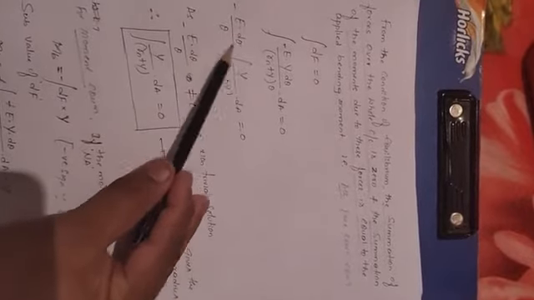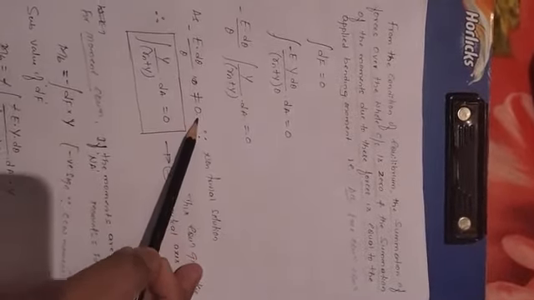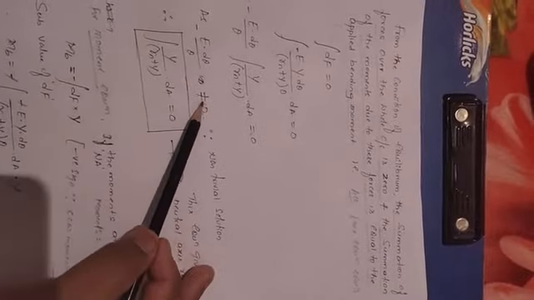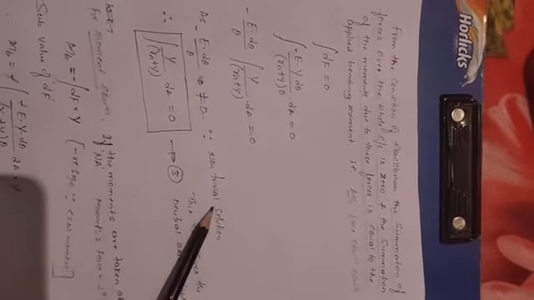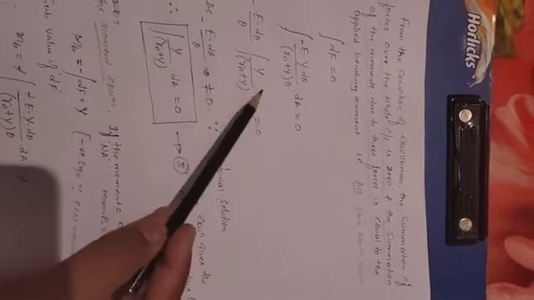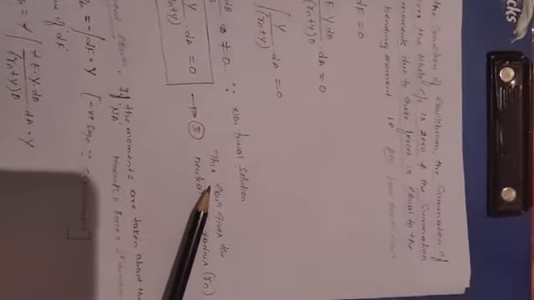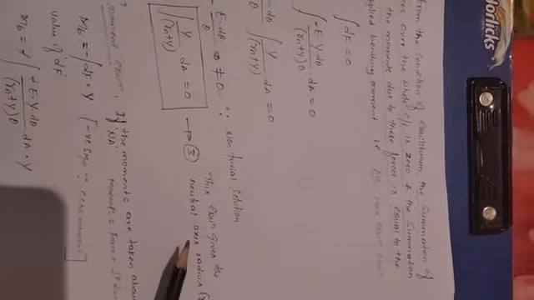If this term becomes 0, then the solution will not exist. That becomes a trivial solution. That's why this term should not equal 0, because we need a non-trivial solution. Now the remaining term, the integral of this term, is equal to 0. This equation gives the neutral axis radius Rn. This is the first equilibrium.